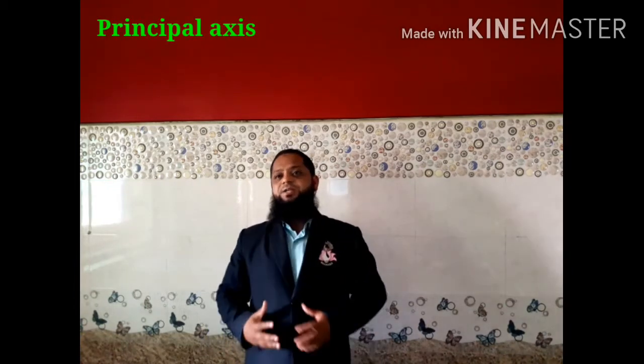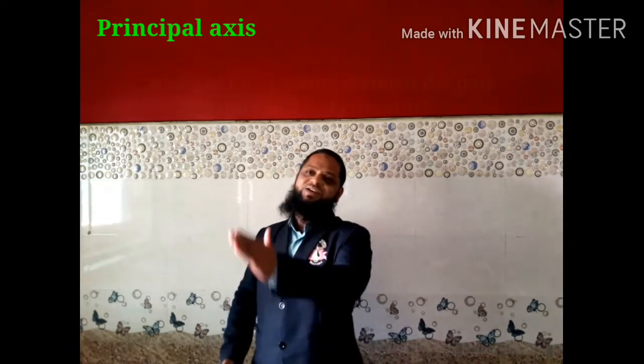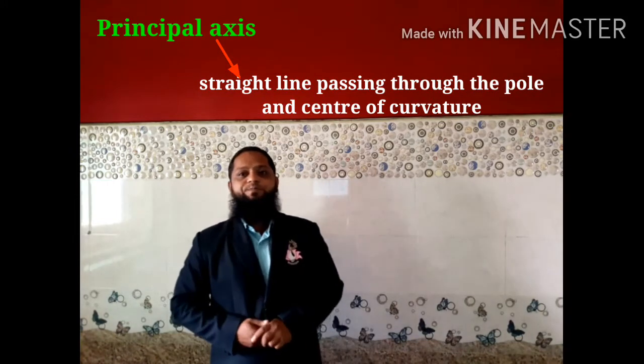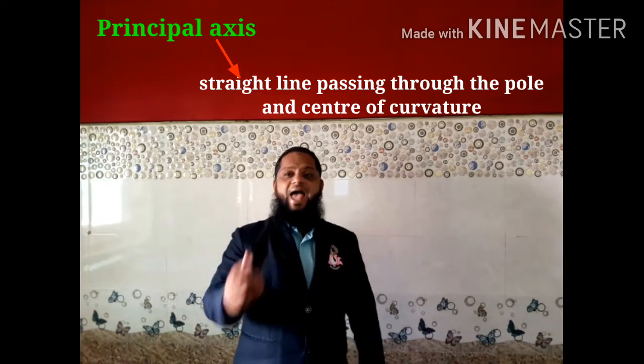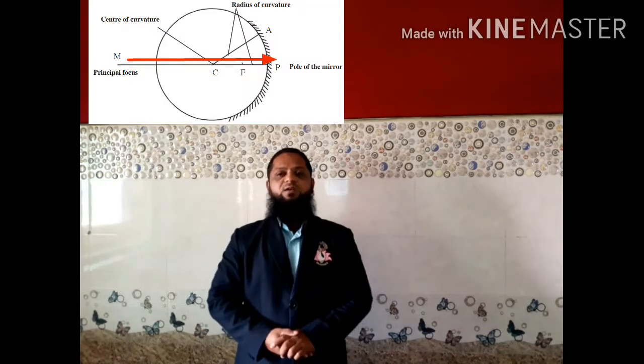Next is the principal axis. The straight line passing through the pole and the center of curvature of the mirror is called its principal axis. PM is the principal axis of the mirror in the figure.